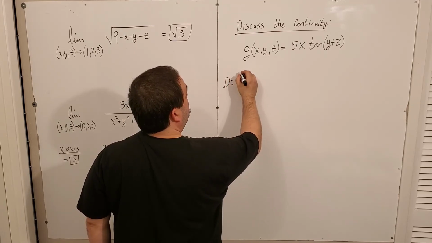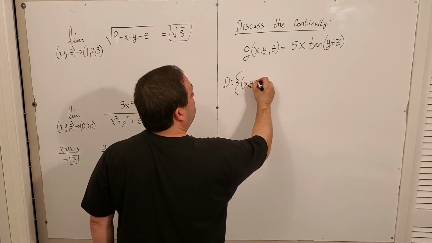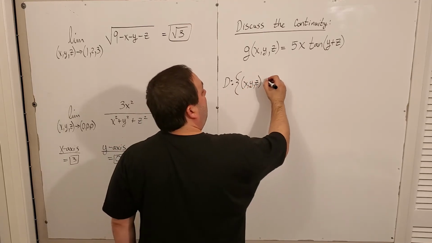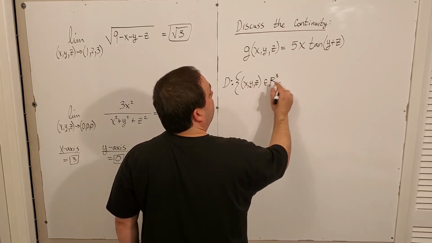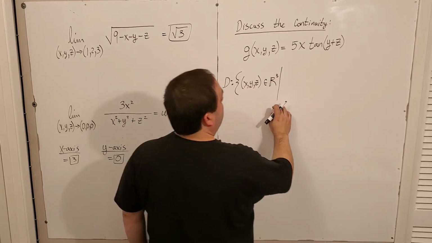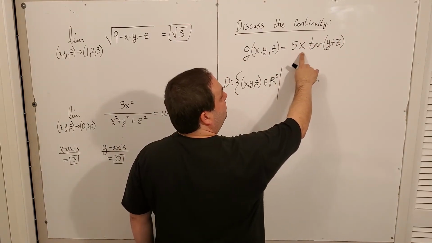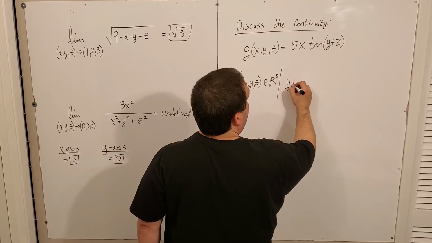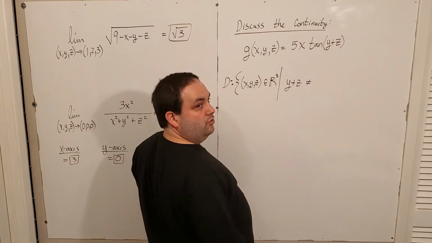Our domain is the set of all ordered triples in our real 3-space system, such that x can be anything. Obviously no restrictions on x, but y plus z cannot give a bad value to tangent.